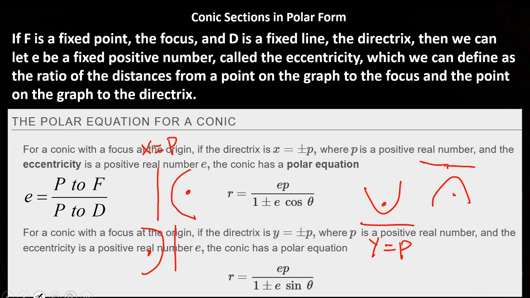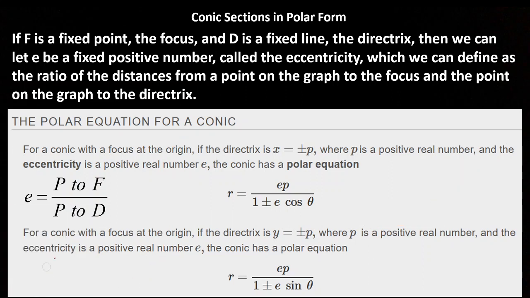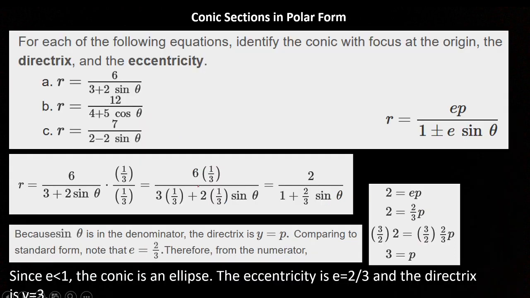So let's look at some examples. Here's one. So what kind of equation is that? Well, we're going to look at this, which is the general equation of a conic in polar with the sine, because this has sine. Now remember, in order to tell what this is, we have to make this 1 first. So this has to be 1. So to make that 1, you divide everything by 3, right?